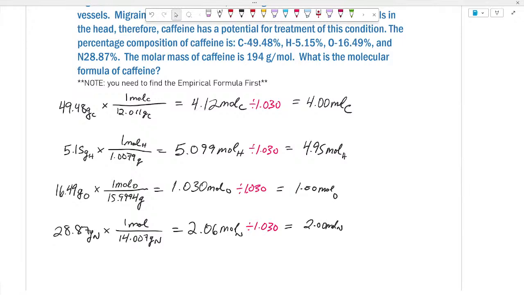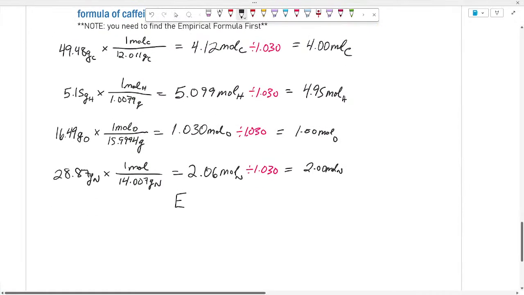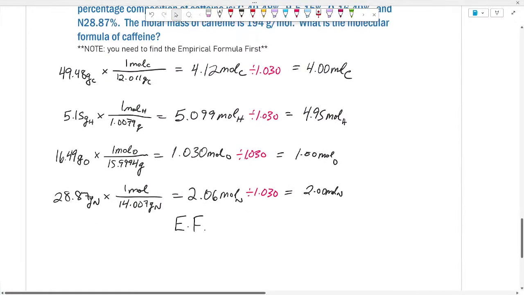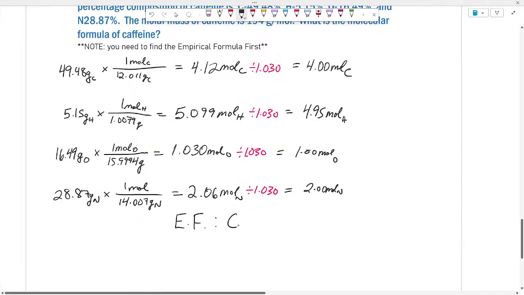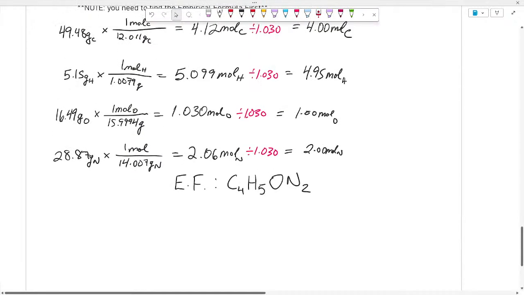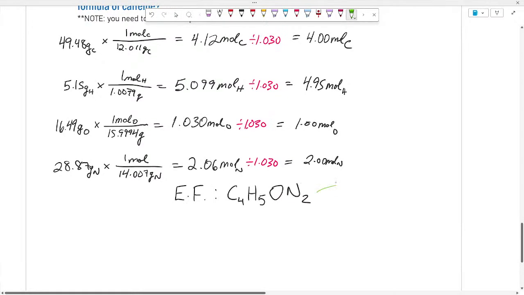That it rounds. Which means the empirical formula of this thing would be what? C4H5ON2.